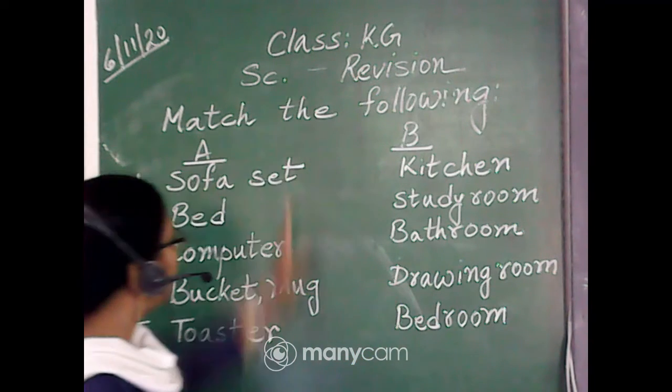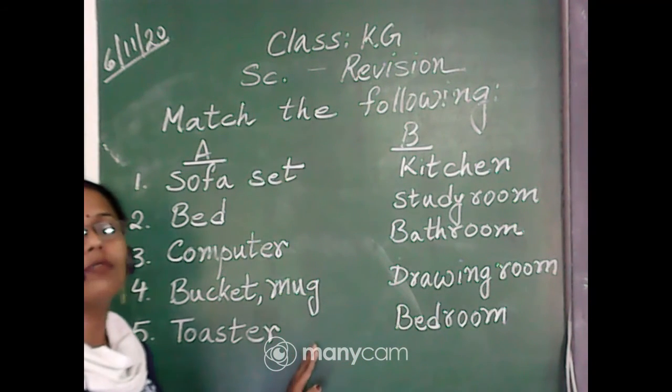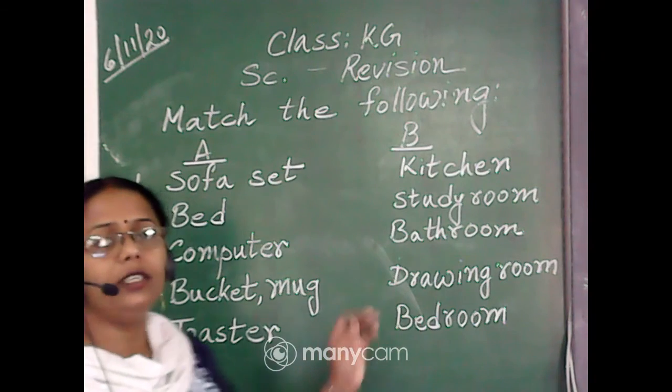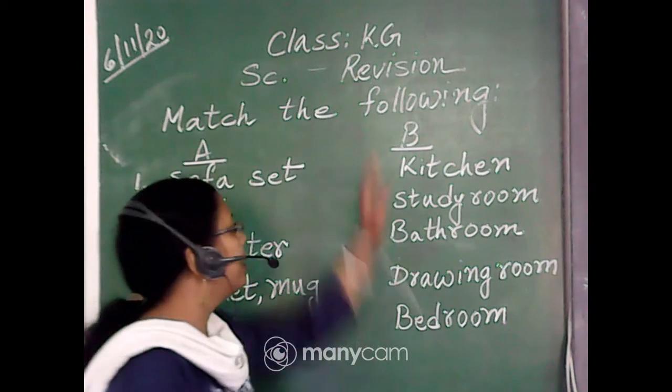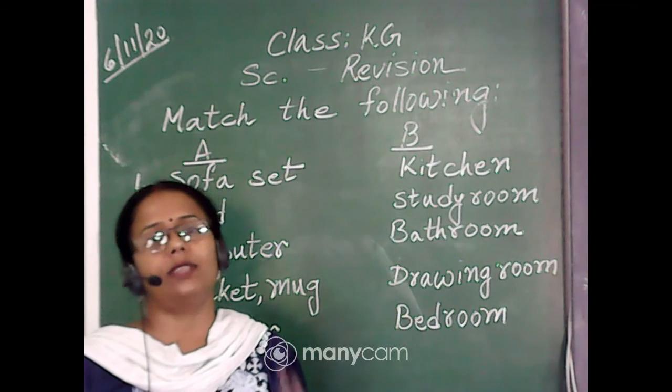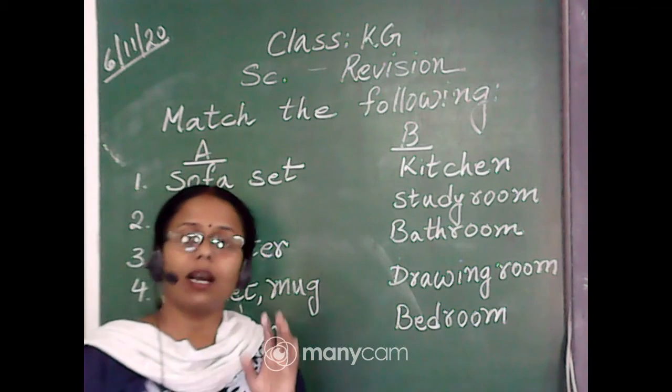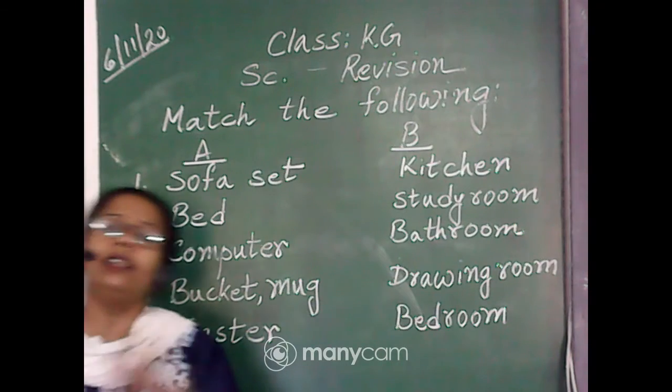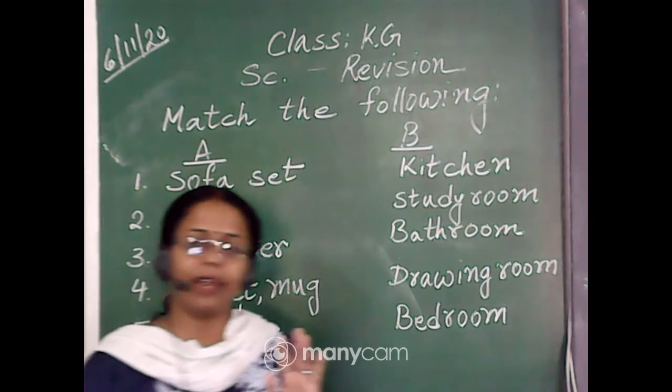So here are the names of some things which are used in our house, and here are the names of different rooms in our house which are being used for different purposes, right?